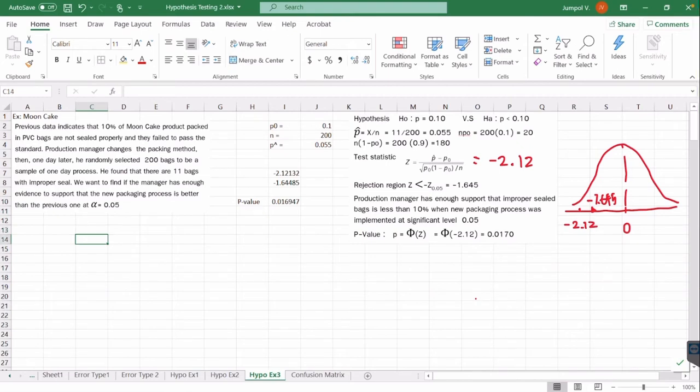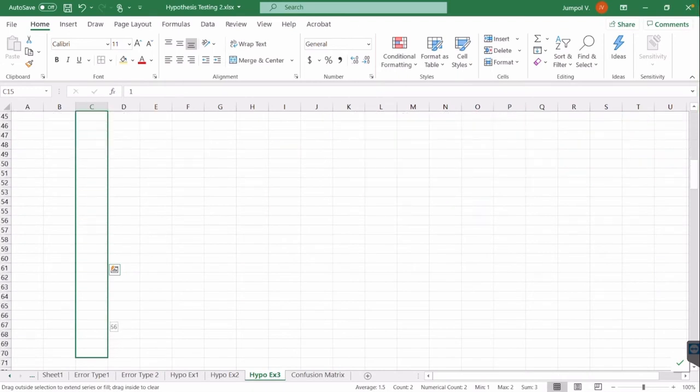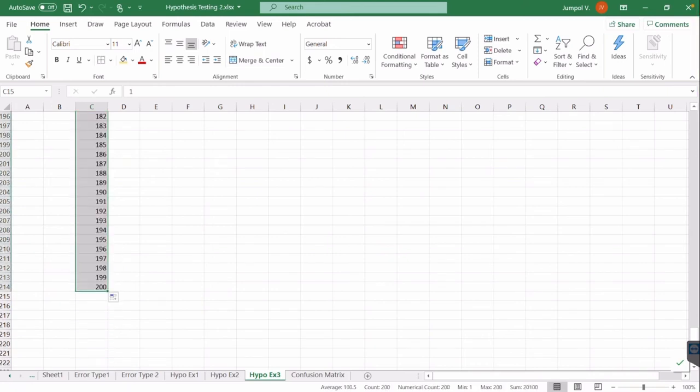We have to create the data. For a sample size of 200, we have attributes like this. The first column is going to be the ID, and since the number of samples is 200, we have 200 IDs.